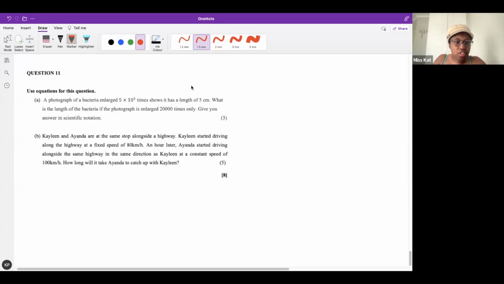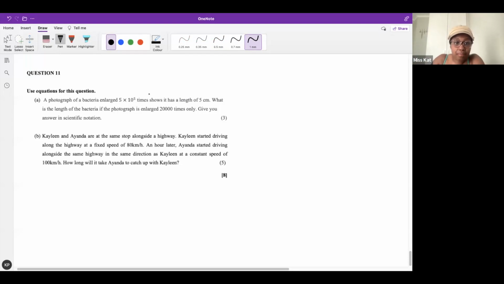Okay, a photographer has a bacteria enlarged 5 times 10 to the power 5, and the photograph shows that it has a length of 5 centimeters. What is the length of the bacteria if the photograph is enlarged 2,000 times? Only give your answer in scientific notation.